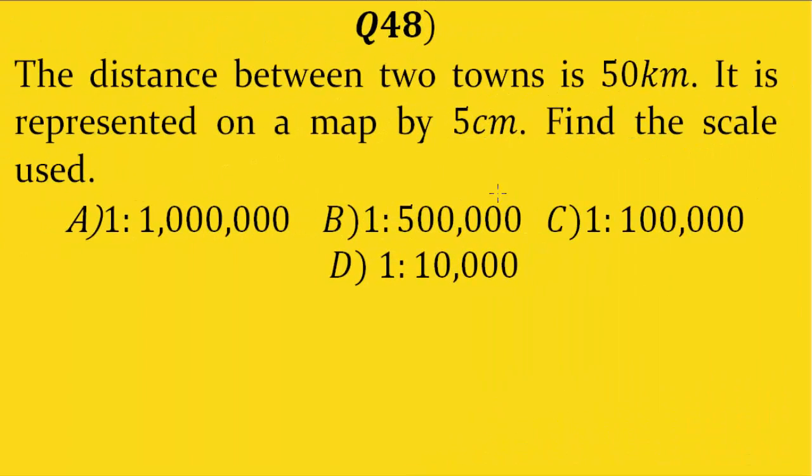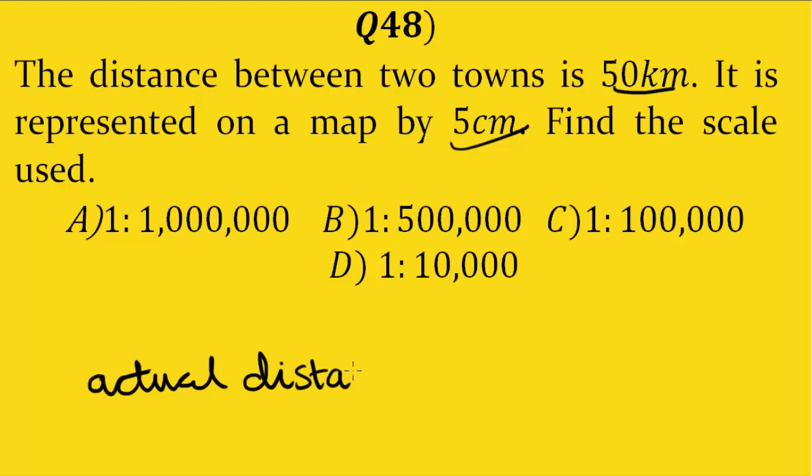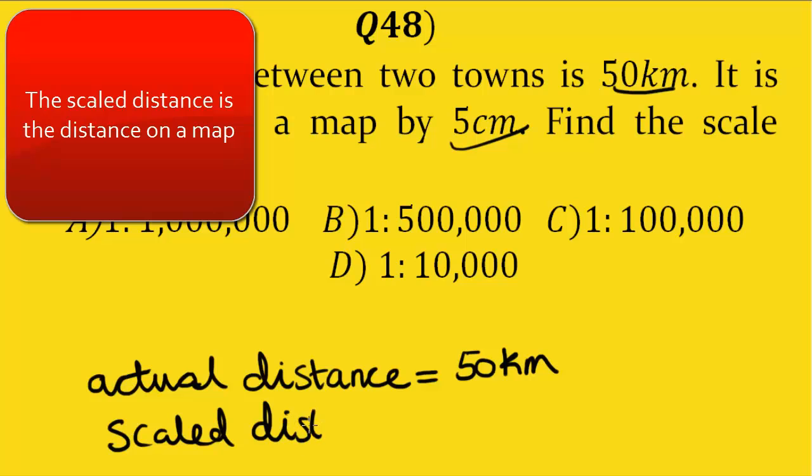So just reading the question again, I'm being told that the distance between two towns is 50 kilometers, but is represented on a map by 5 centimeters. So the actual distance is 50 kilometers, but the distance on a map, I'm going to call that the scaled distance, is 5 centimeters.